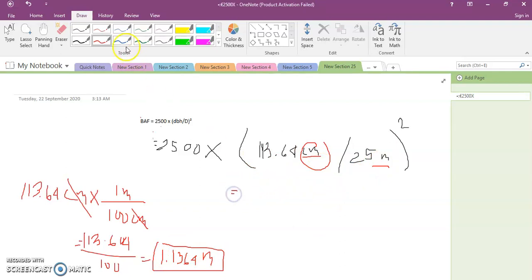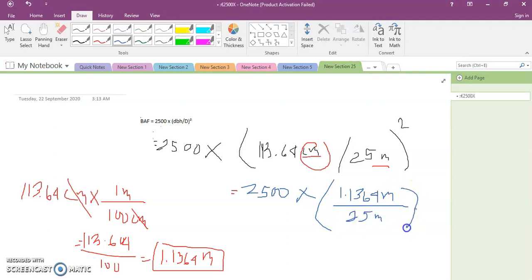So again, we have equals 2,500 times 1.1364 meter divided by 25 meter squared.